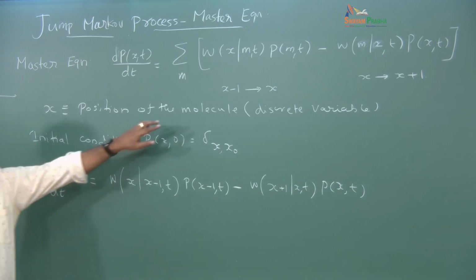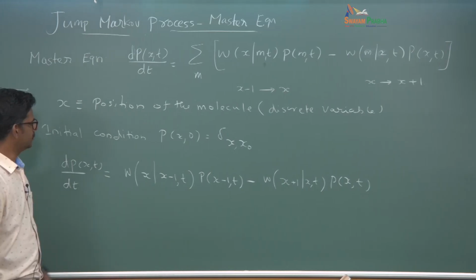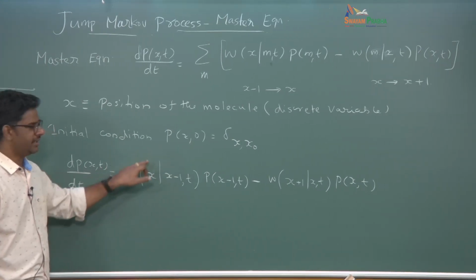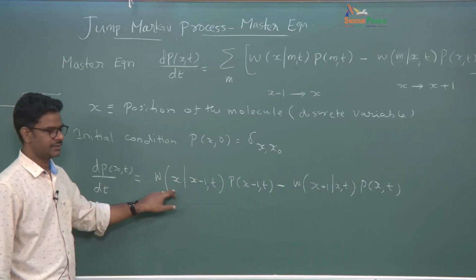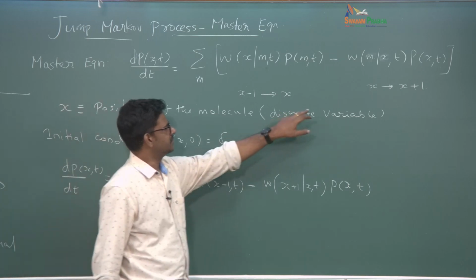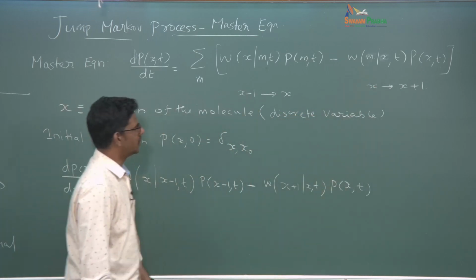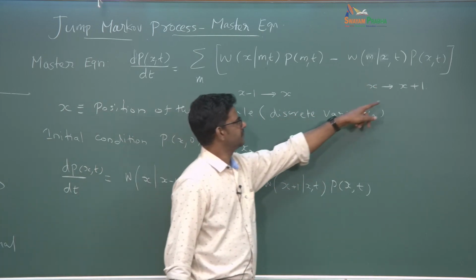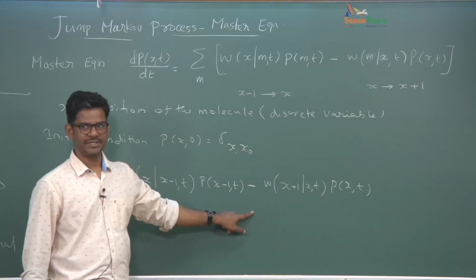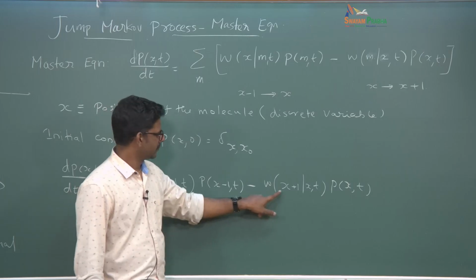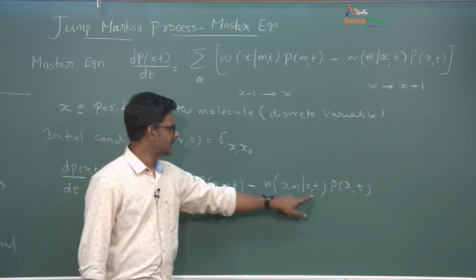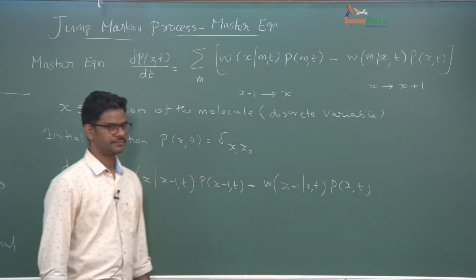So we have this term only when m is equal to x minus 1, because from x minus 1 it can take a unit jump to go to x, times the probability of finding at x minus 1. This term survives only for m is equal to x plus 1, because it can jump from x to x plus 1. So we have the transition probability w given at x comma t. What is the likelihood it would actually go to x plus 1, times the probability of finding x comma t.